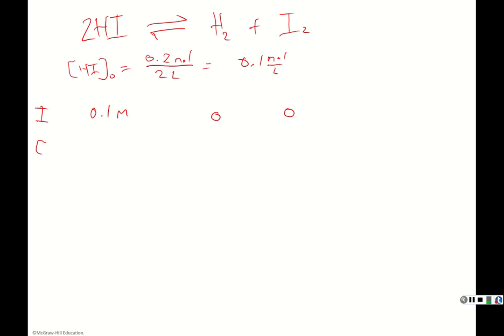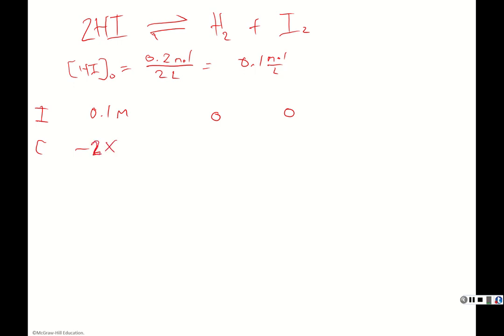Now the change: we're going to lose some concentration of the reactants and gain some of the products. So for HI, we have a negative value, and we can just call this 2x.